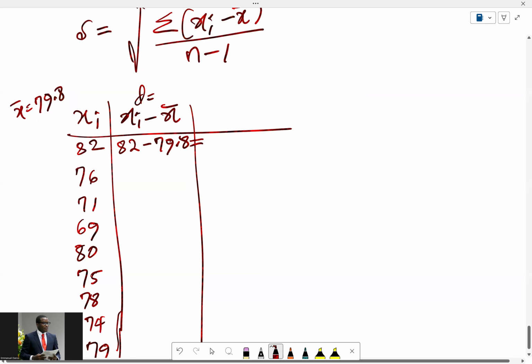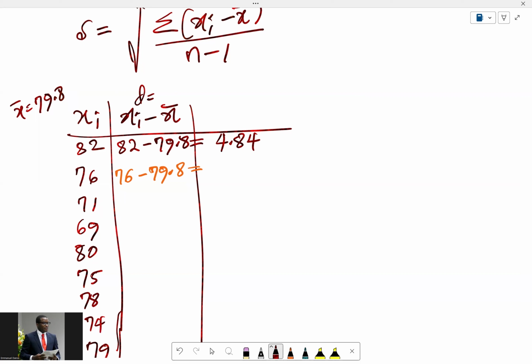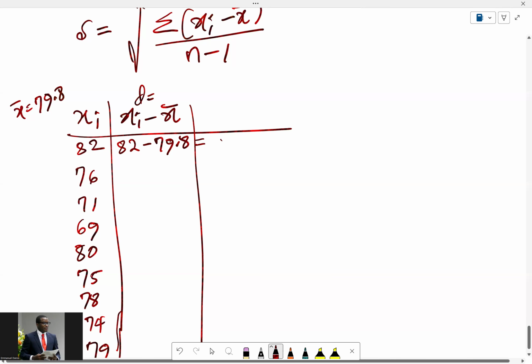Okay, that can't be correct. 82 minus 79 is 3, then minus 0.8. That is 2.2. So this would be 2.2.